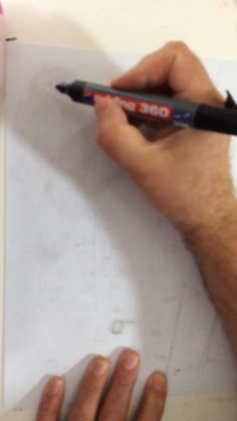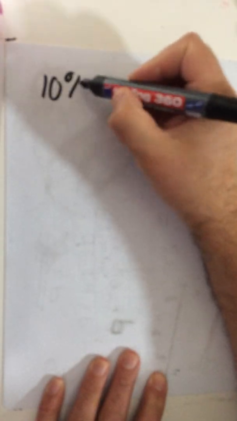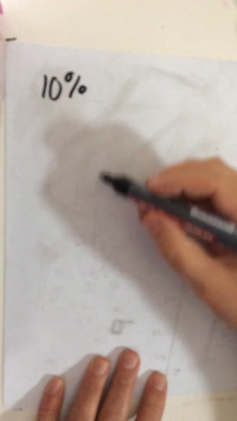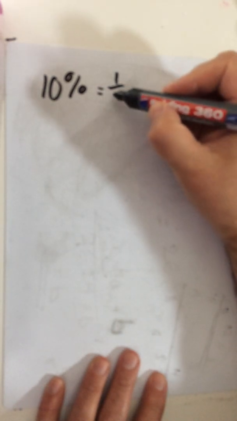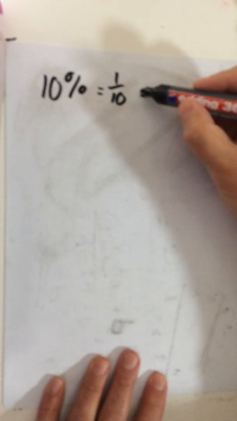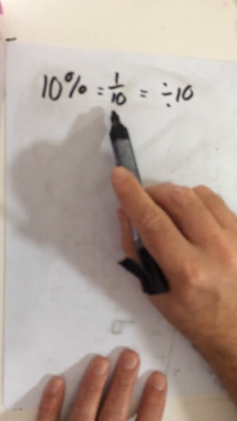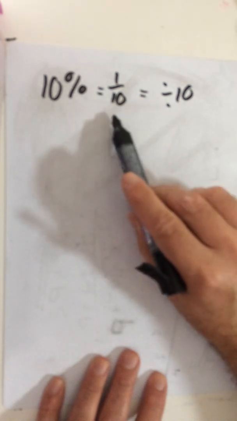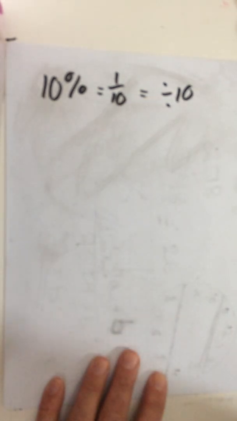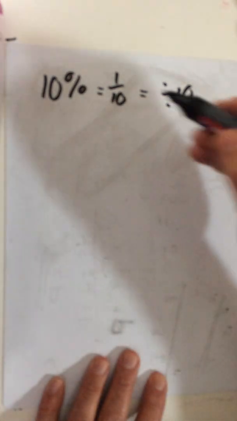The main one, I think, is to find 10% and go from there. So for example, to find 10% of anything, now we know that 10% is the same as a tenth, and to find a tenth of anything, we divide by 10. So to find 10% of something, we divide by 10.